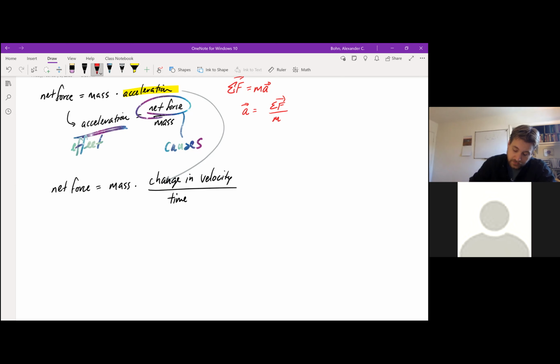So I'll keep up the symbology here. Sum of the forces equals mass times change in velocity over change in time.